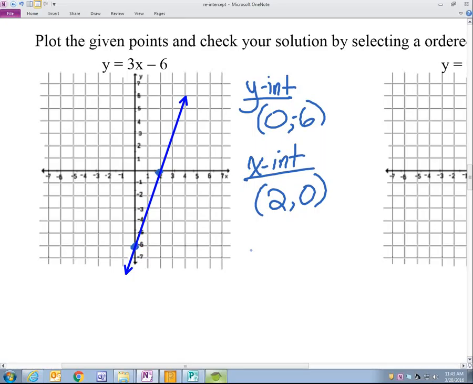I could check it by looking at a point it goes through. If I put 3 in there to check my work, 3 equals 3, so that checks. What I did just then is check this point to make sure I'm doing them right, but you don't have to write that part.